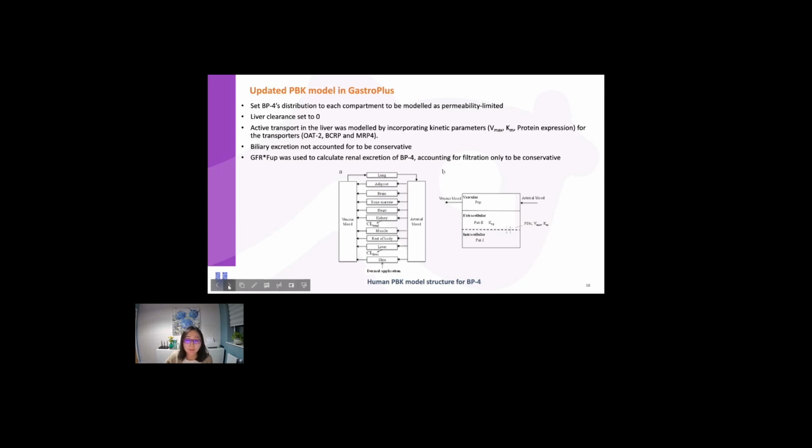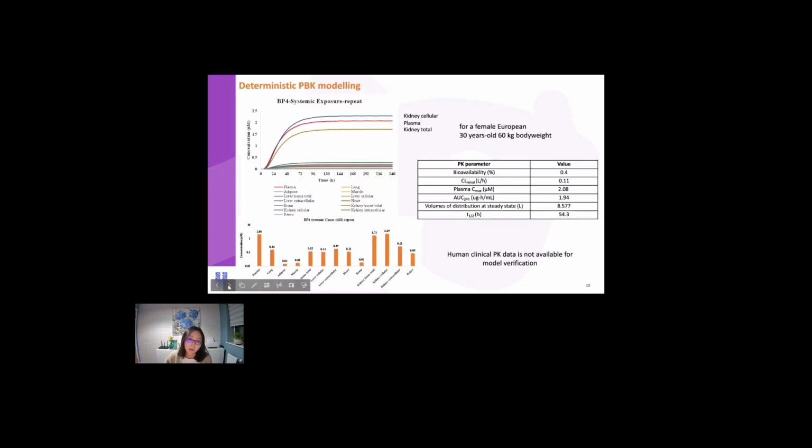Once the model was built, we were ready to make some model simulations on a scenario like this sunscreen product exposure. Here you can see the deterministic PBK modeling we have performed to make simulations for a female European individual, 30 years old, 60 kg.